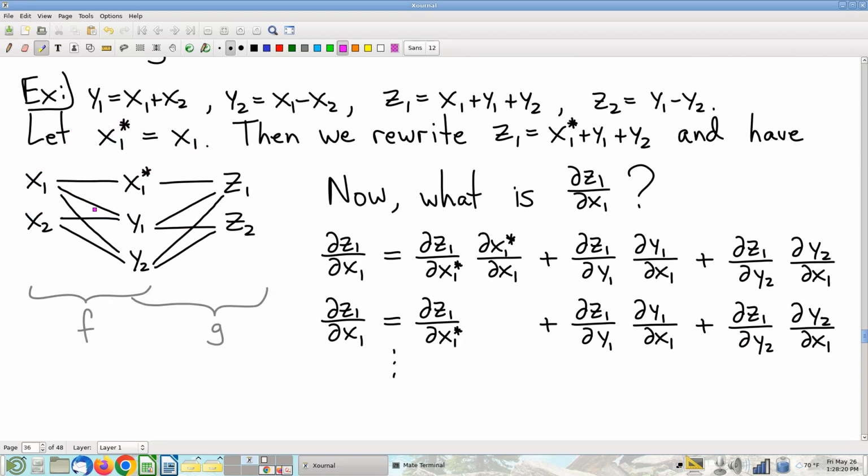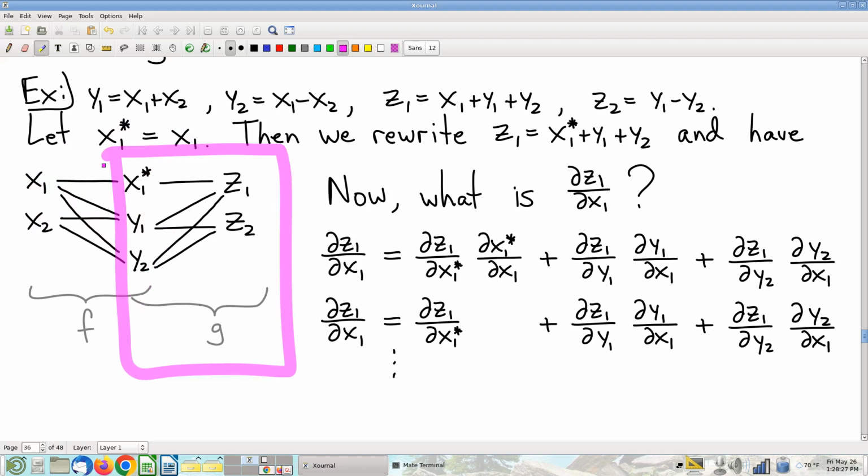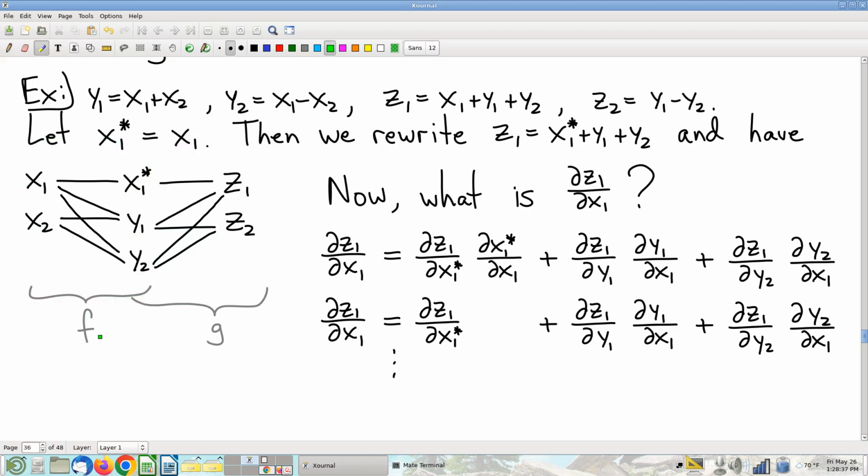Now my diagram's good. Perfectly good diagram. The Z's are functions of those three variables. Those three variables are functions of these. Write down the chain rule. Specifically, if you want to know what is the partial of Z1 with respect to X1, I want to know the partial of that with respect to that.